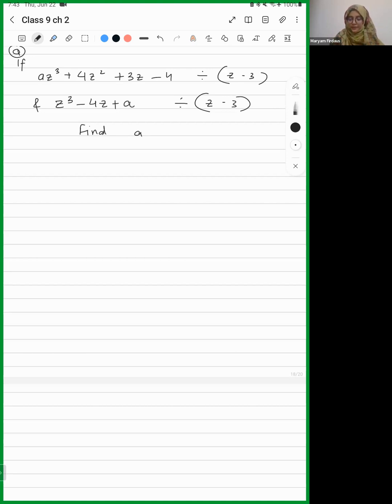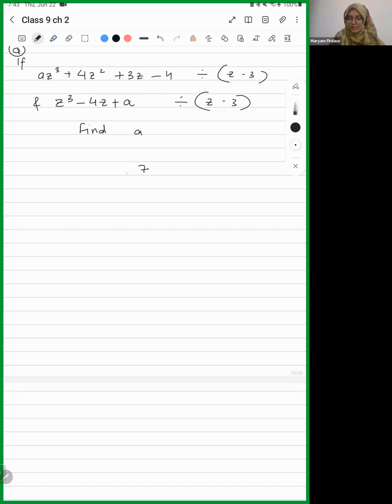Imagine if I tell you that 7 and the number 9 both leave the same remainder when divided by 2. What does that mean? When you divide them, 2 3s are 6, and the remainder is 1. Again, 9 divided by 2, 2 4s are 8, remainder is 1.